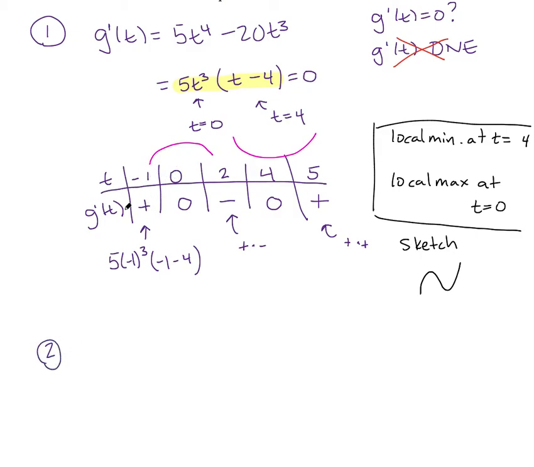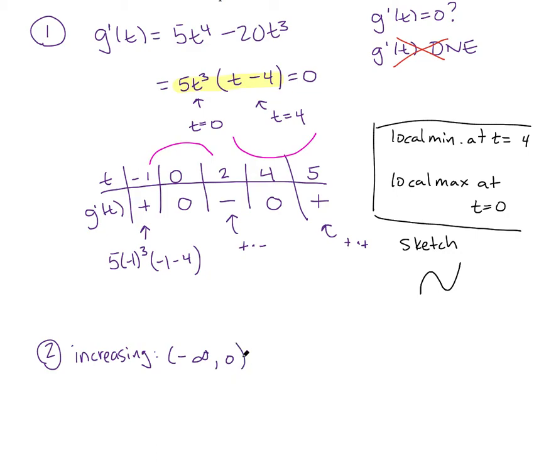So it's increasing all the way up until we reach the first critical point at t equals 0. So let's go ahead and start listing that interval. So when I say all the way up until we reach t equals 0, what that means is it is increasing from negative infinity to 0.